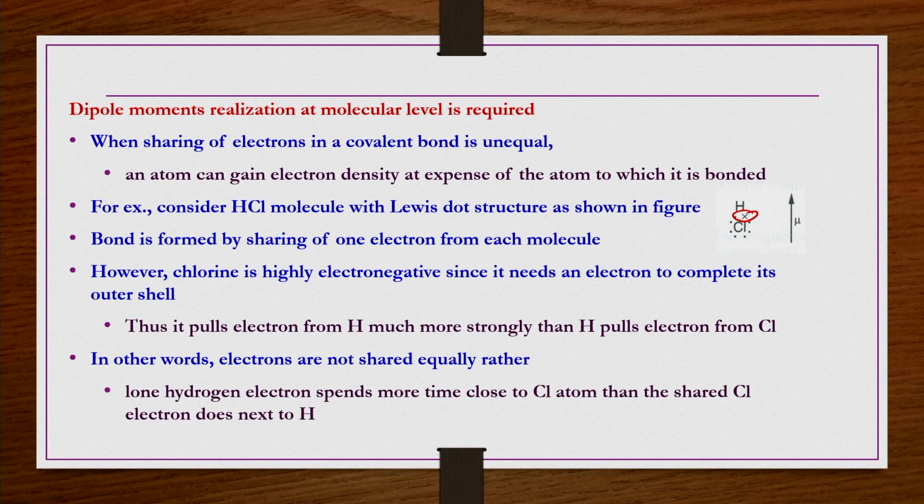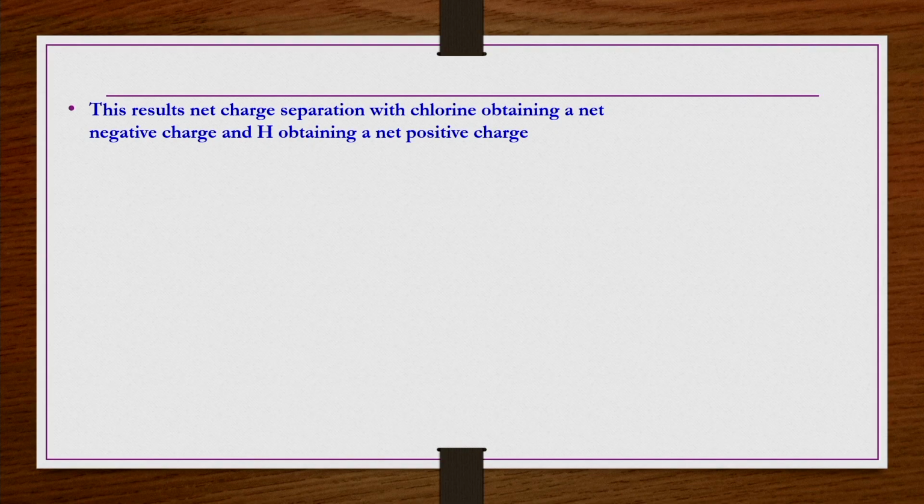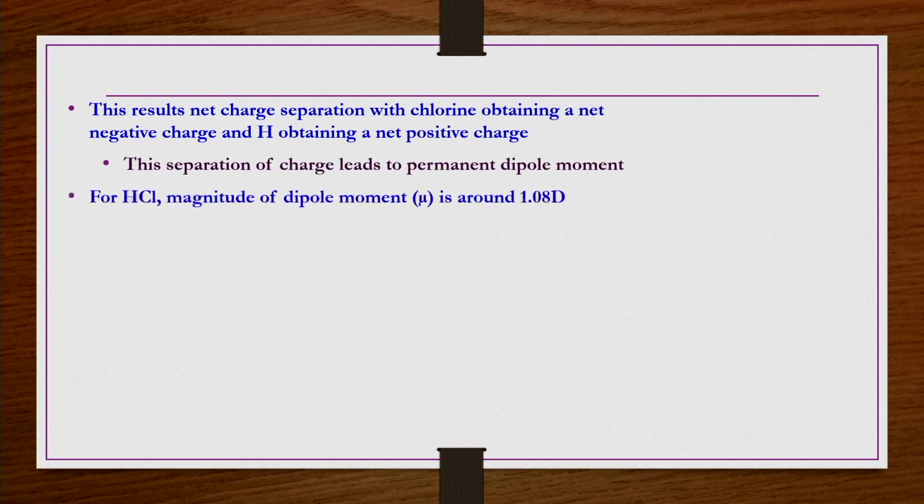Rather, the lone hydrogen electron spends more time close to the Cl atom than the shared Cl electron does next to the H atom, right. Because of this, there is net charge separation, with chlorine obtaining a net negative charge and hydrogen obtaining a net positive charge, and this separation of charge leads to a permanent dipole moment.